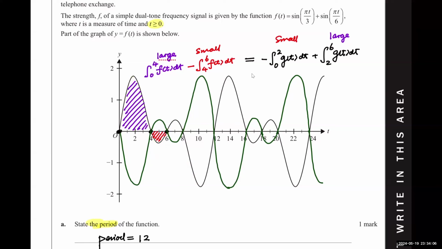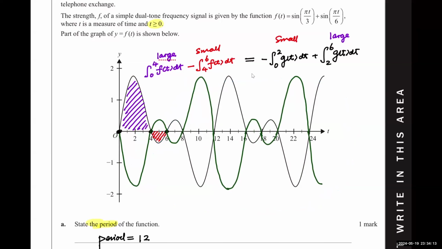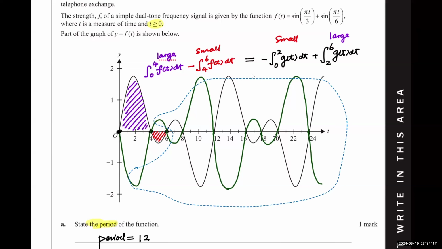A reflection will be suitable, and then if I push all the graphical bits after reflection, how do I make the small one from 0 to 2, but we have a negative?